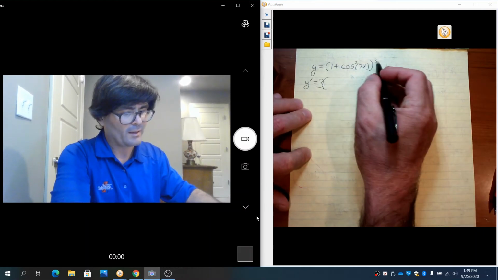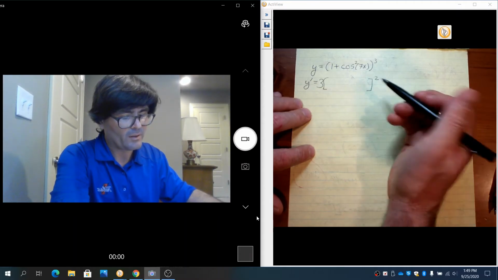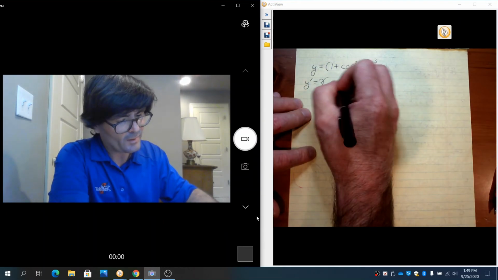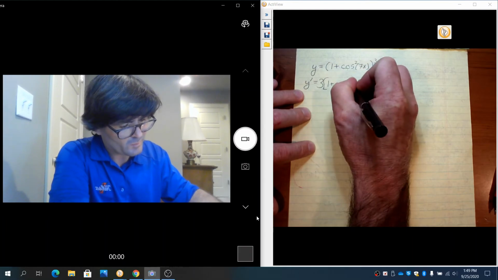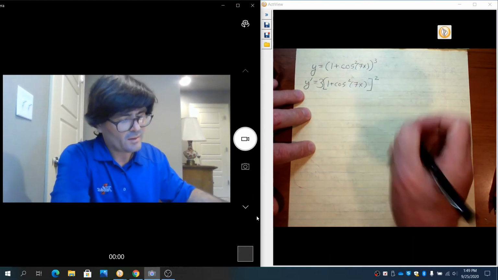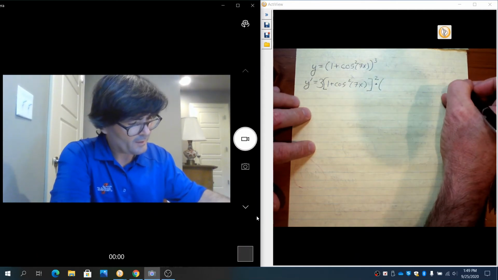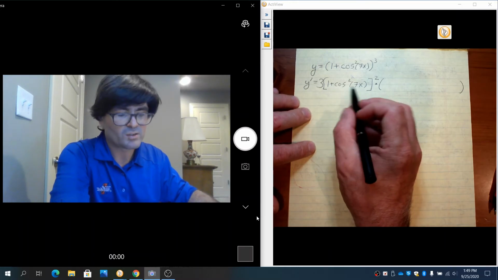Bring the power of 3 down. The outside function is cubed. Drop the power by 1, so that's the power rule. Step 1 is done. We're going to rewrite 1 plus cosine squared of 7x inside. And then last, we're going to multiply by the derivative of cosine of 7x squared plus 1.